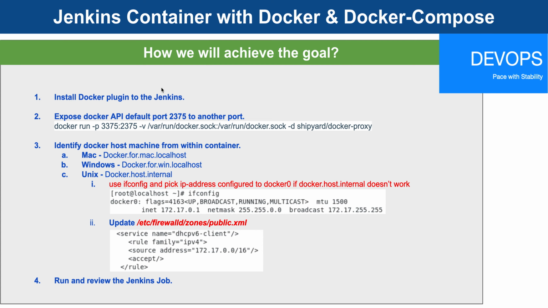and we will execute the command docker run, and we'll use the image shipyard docker proxy. So docker run, we'll use 3375, and /var/run/docker.sock, and /var/run/docker.sock.